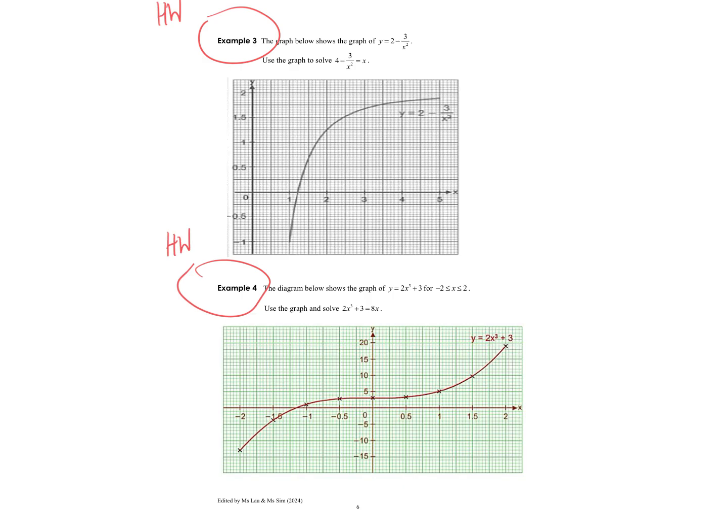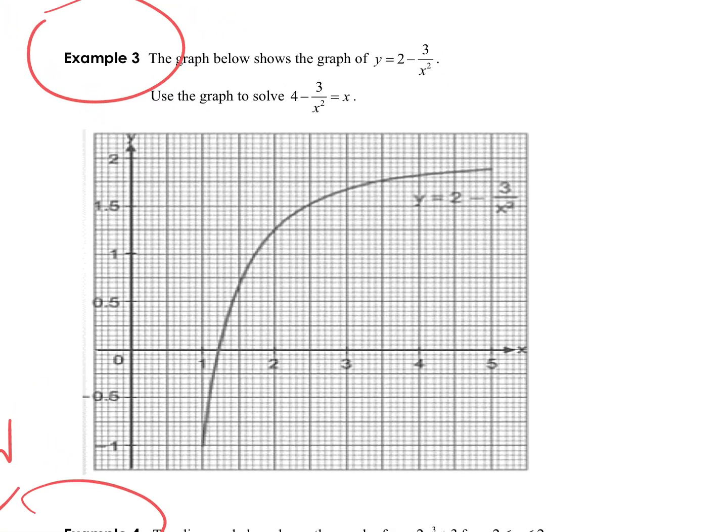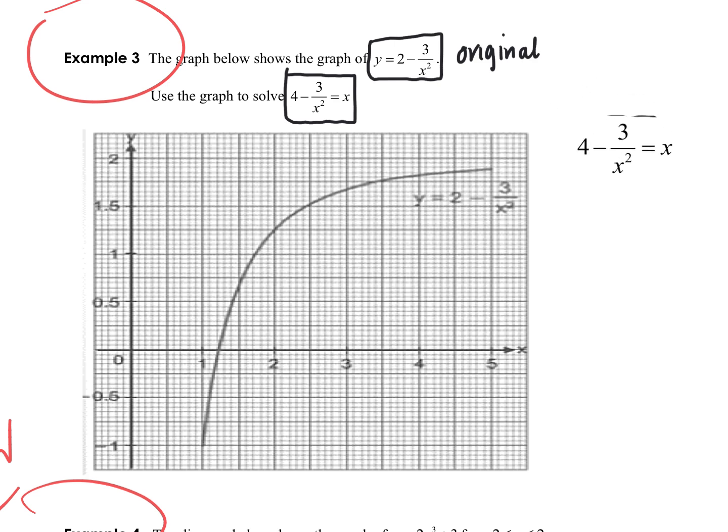Okay, here now it's just finding the suitable line. This is my original, the one that I already plotted out that you see on the diagram. Then they say, can you solve this? So you know you need to make use of this equation and relate back to the original. So let me pull this out. You need to remember that your ultimate goal is to have the left hand side equal to this thing. So definitely the negative 3 over x squared is done.